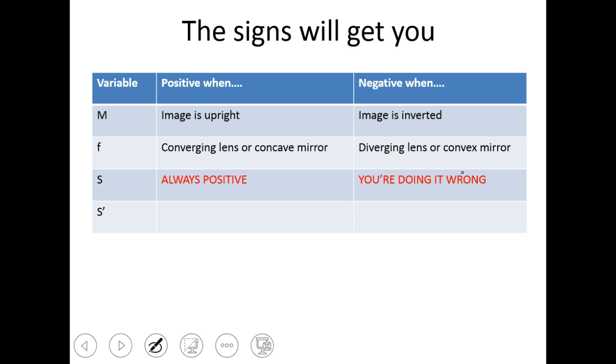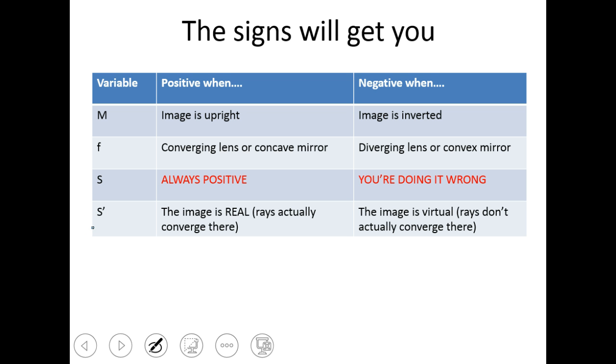S, the object distance, the object distance is always, always, always positive. And if you put a negative symbol with this, then you are doing it wrong and you will get the wrong answer. So S is always positive. However, the image distance from the lens or mirror that we're using depends on if it's a real image or a virtual image.